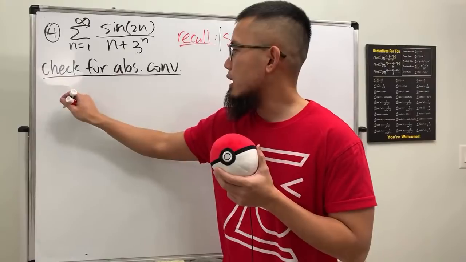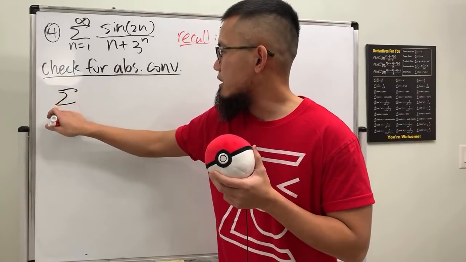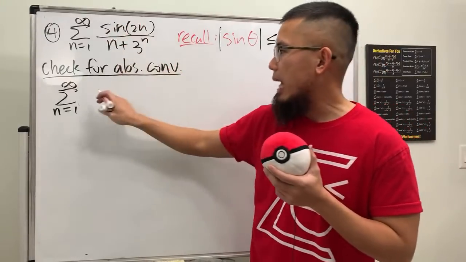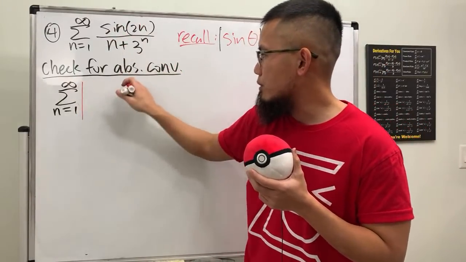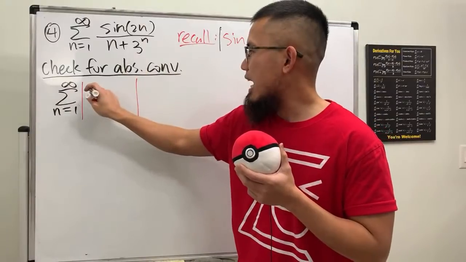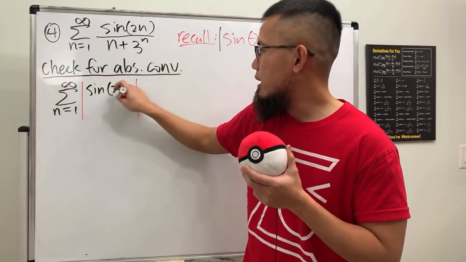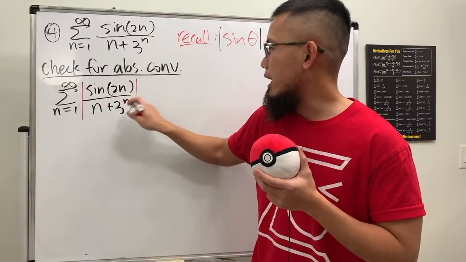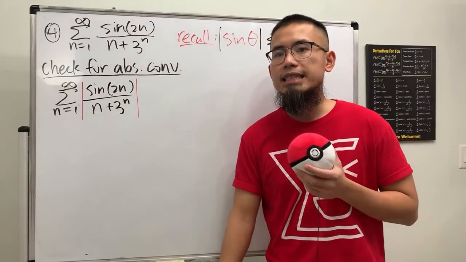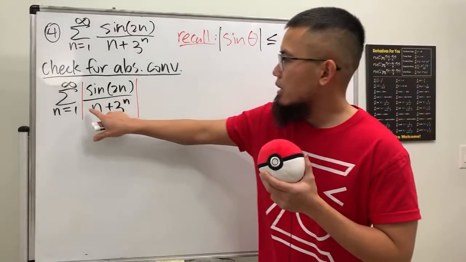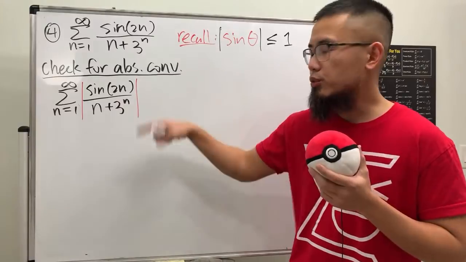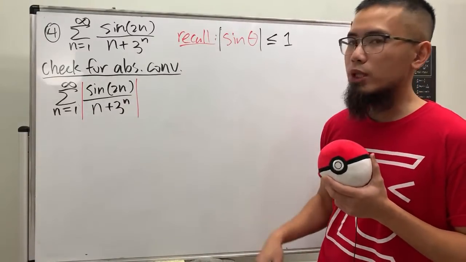So what we do is take a look at the series as n goes from 1 to infinity, and you just go ahead and give this guy an absolute value. So boom, boom, and you put the sine of 2n here, and then over n plus 3 to the n, right? So just go ahead and do that. Now, you see that the bottom here is always positive because we just have n plus 3 to the n. So the bottom is always positive.